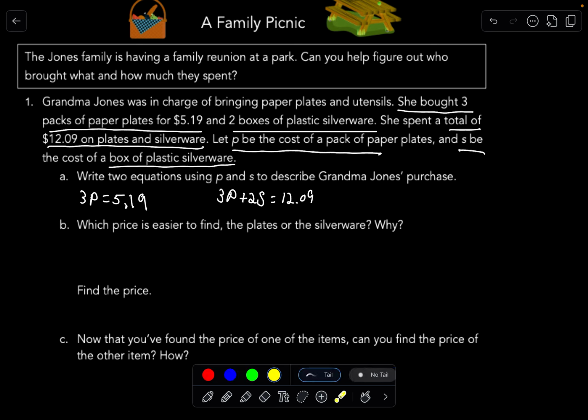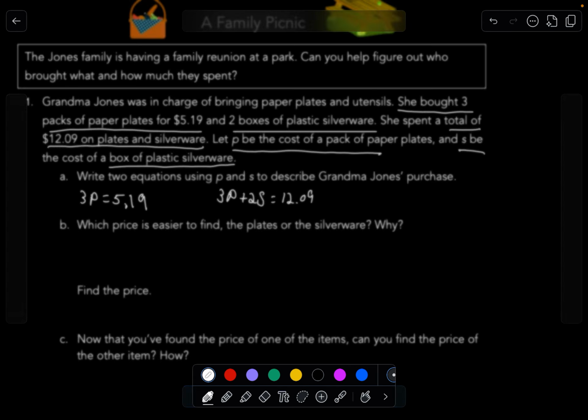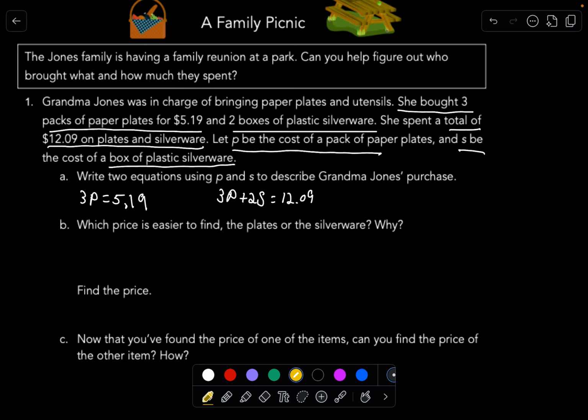All right. So we have 2 unknowns, P and S, and those P and S show up in one equation, and luckily for us, which makes this problem fairly straightforward, we just have P showing up in another. So which price is easier to find? Well, I think I just stated it. P is easier to find, because we already know 3P equals $5.19.